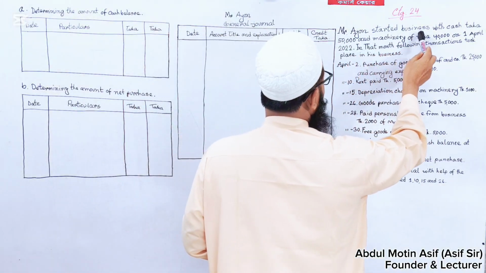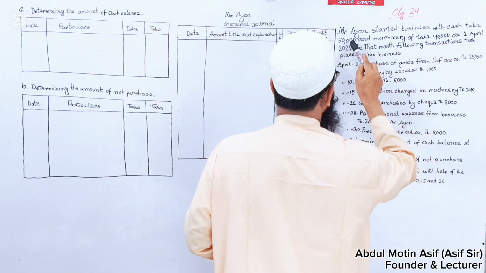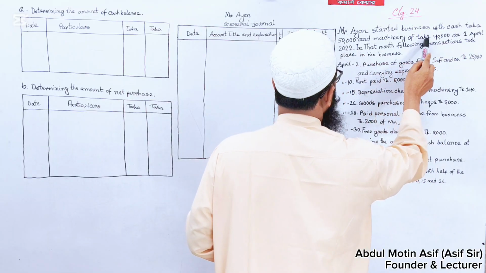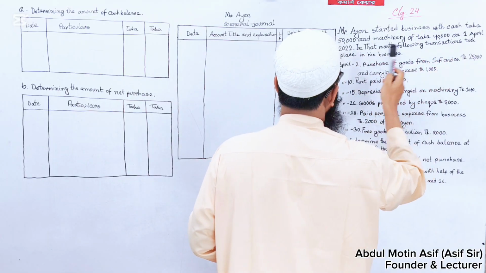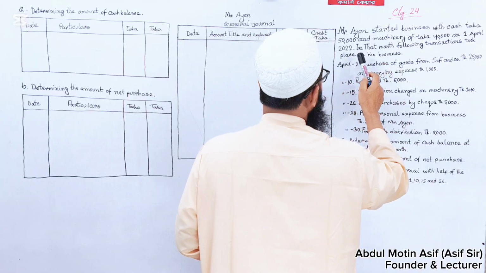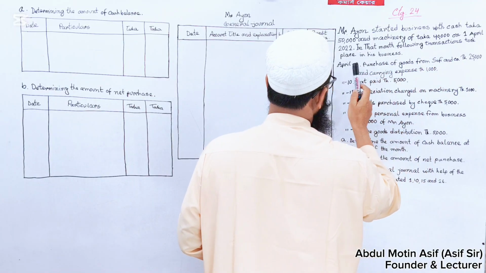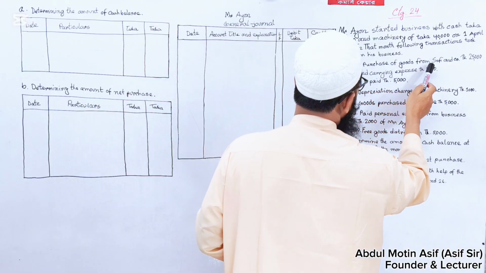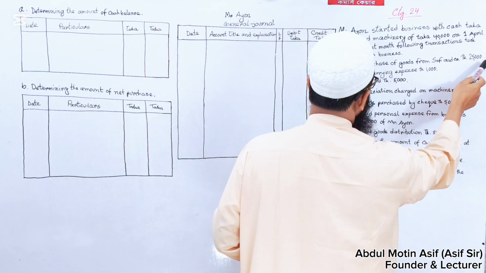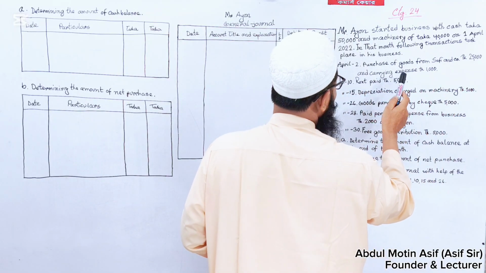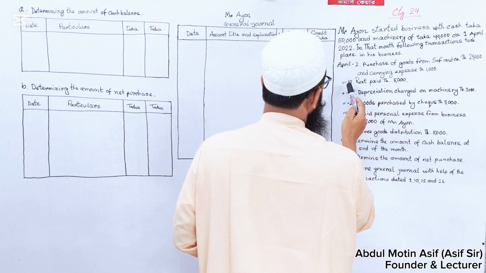Mr. Oyon started business with cash taka 50,000 and machinery of taka 40,000 on 1st April 2022. In that month, the following transactions took place in his business. April 2, purchase of goods from Safi and Co taka 25,000 and carrying expense taka 1,000.